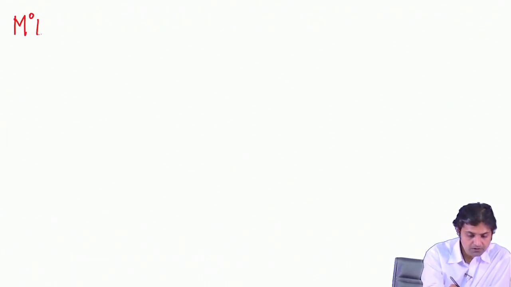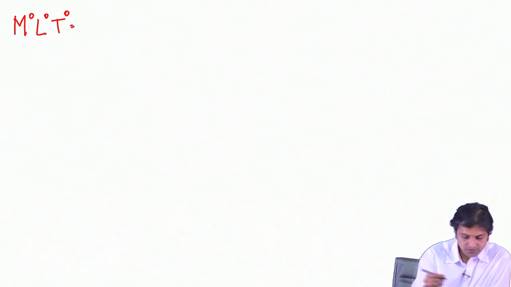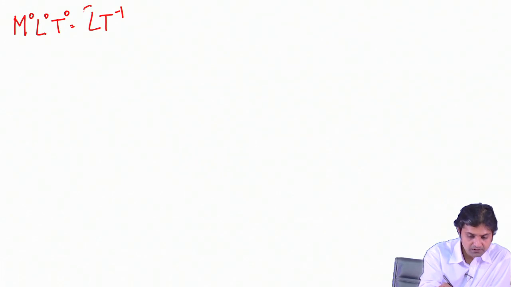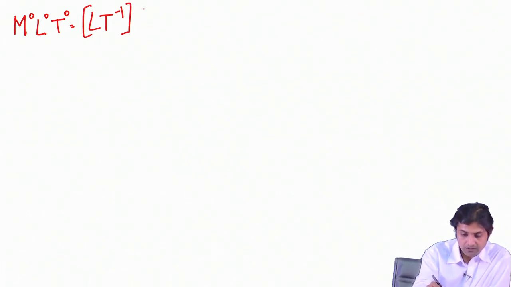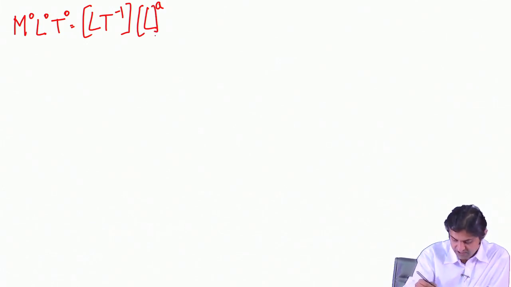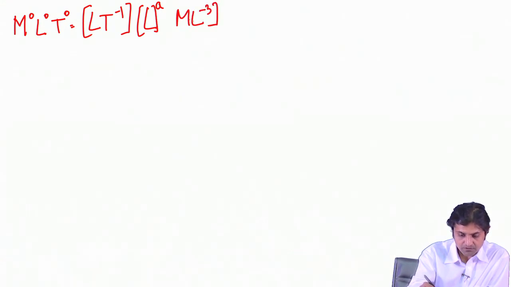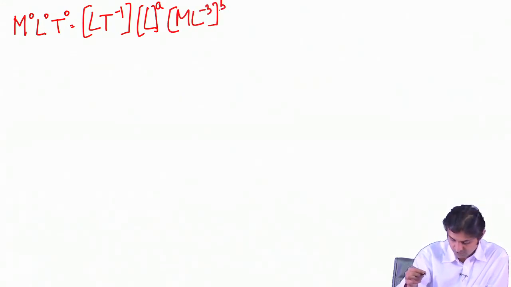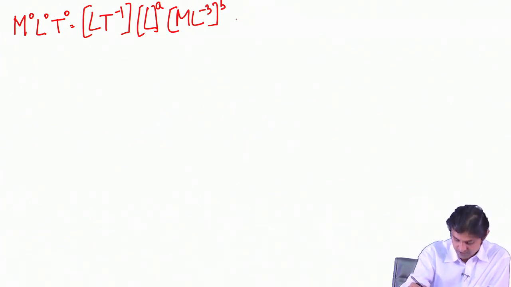So, what we write is M to the power 0, L to the power 0 and T to the power 0 is equal to LT minus 1, this is because of velocity, L to the power a, this is because of d, ML minus 3 to the power b because of rho f, and g is LT minus 2 to the power c.